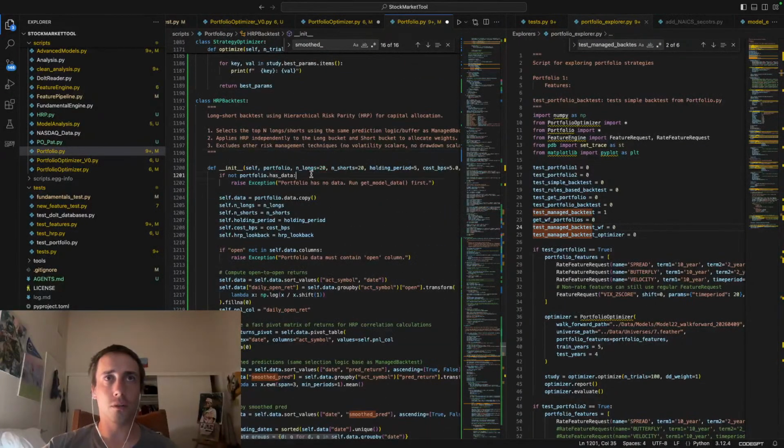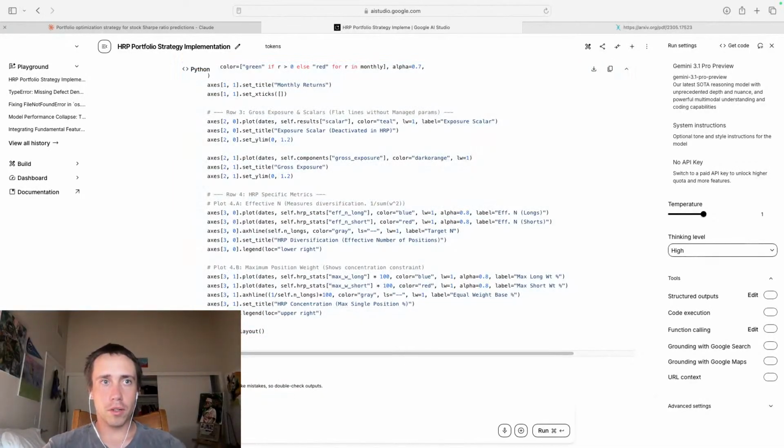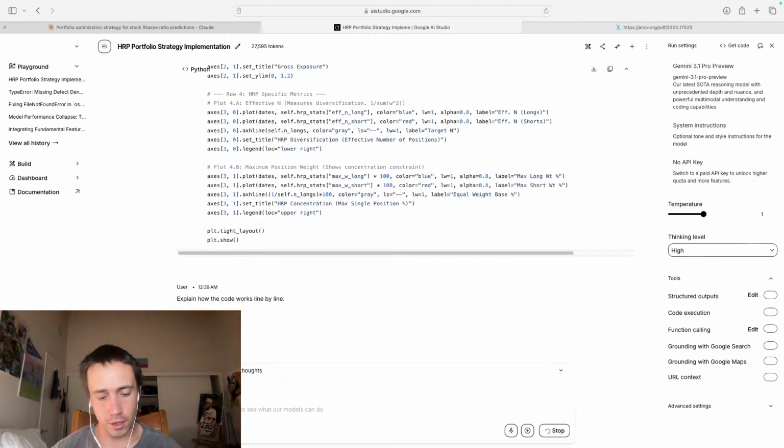Alright, so explain how the code works line by line. So let's see if we can understand this implementation. So the first step that should be happening is first define a distance metric so that correlated assets are close to each other.